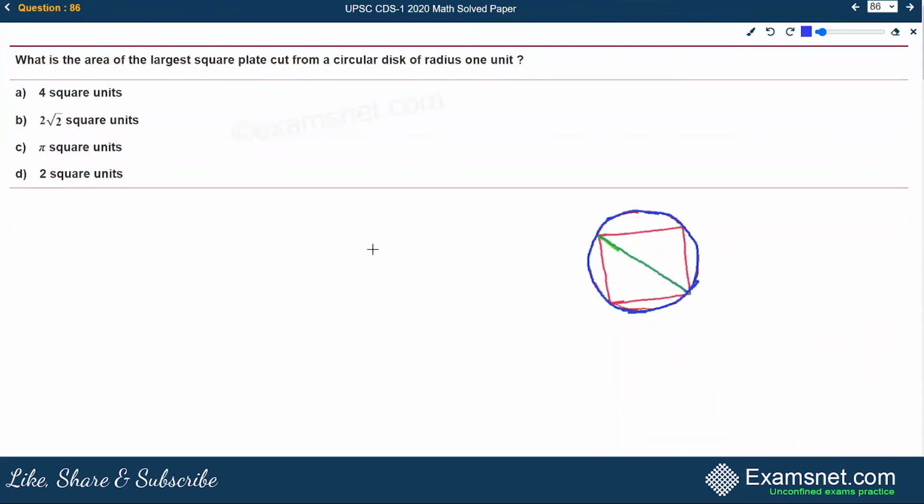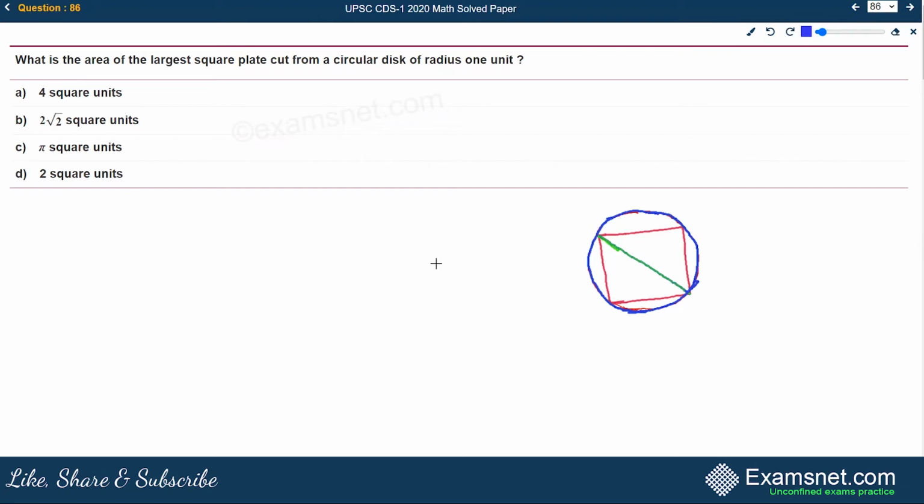In question number 86, the question is given, what is the area of the largest square plate cut from a circular disc of radius 1 unit? I have drawn a circular disc of radius 1 unit, and from this circular disc, this is the largest square that can be taken out.